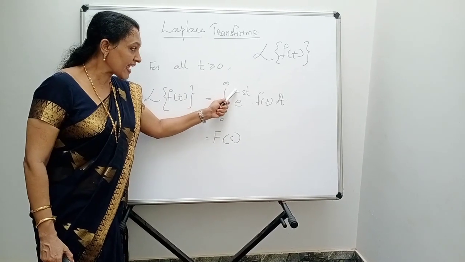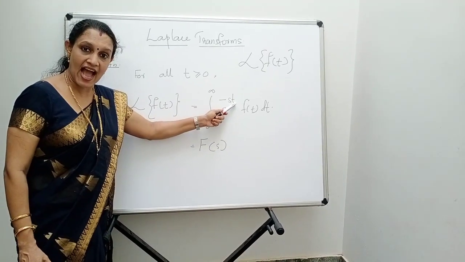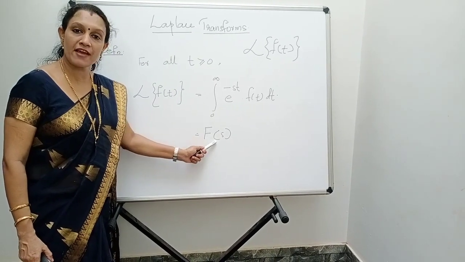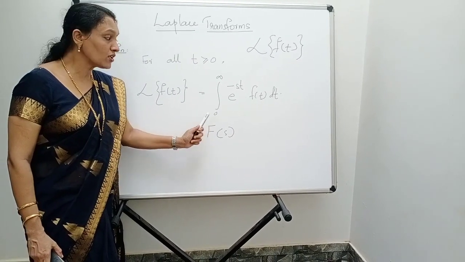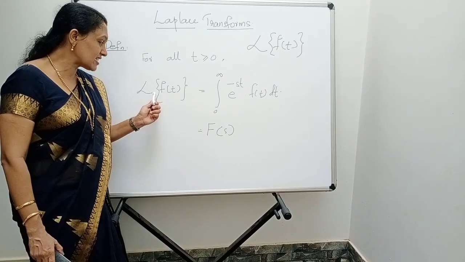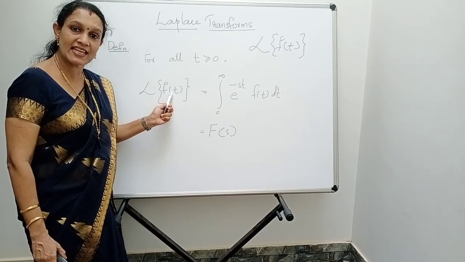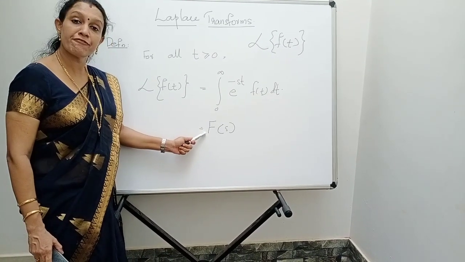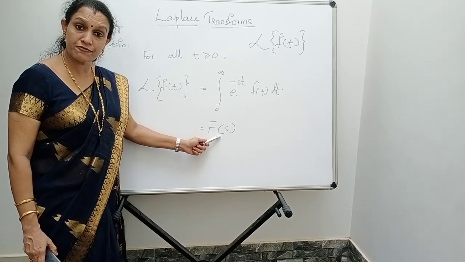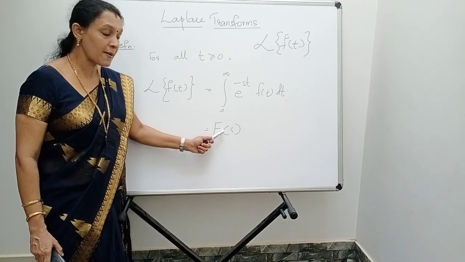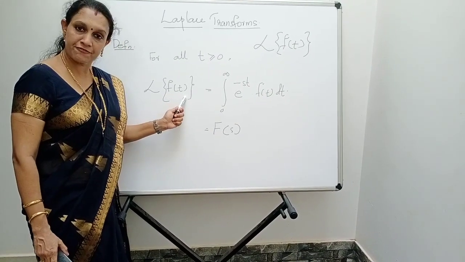Okay, so we can denote the whole integral as another simple capital F of s. So in total, the Laplace transform of this function f of t is a function of s, that is F of s. In short form, we can write this as F of s. So what is F of s? It is L of f of t.